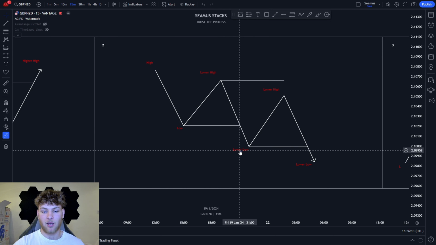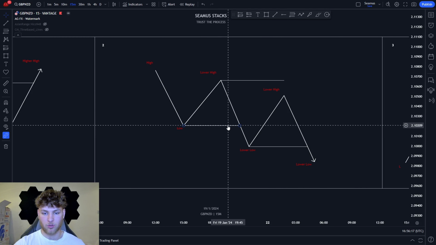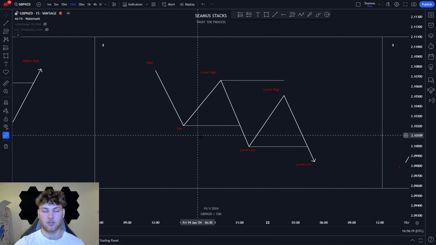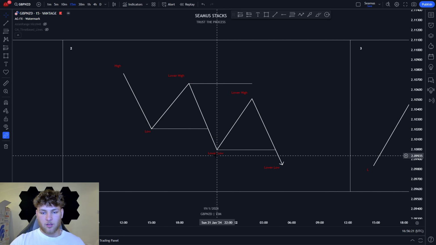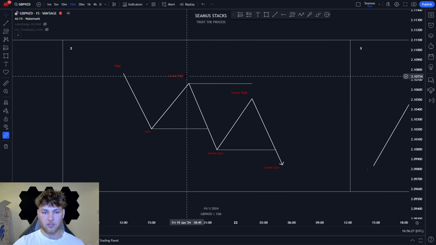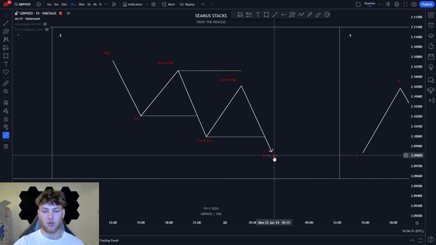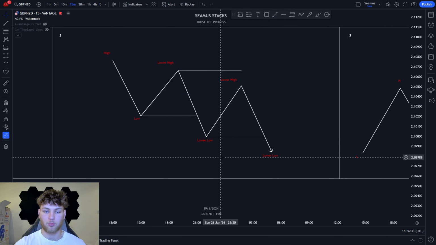Making it a now lower low because it is lower than this low. As you can see, we broke past this point where the low was. And once again, price comes up, we fail to break this prior high, so we make another lower high as it's lower than this one. Price comes down and we make another lower low as we go lower than the prior low.